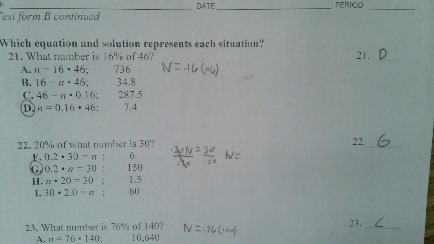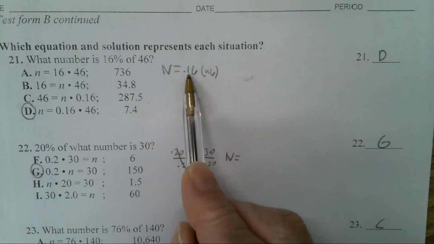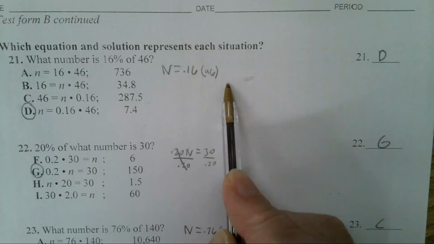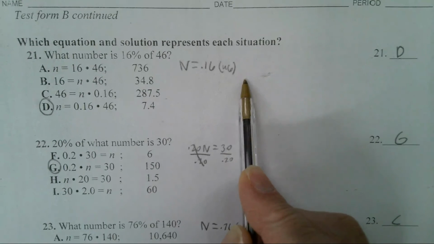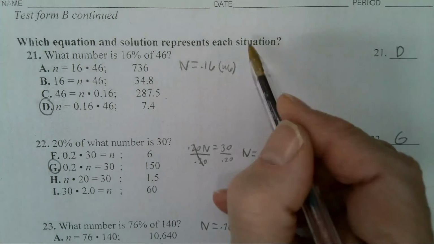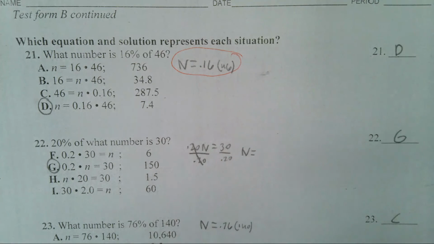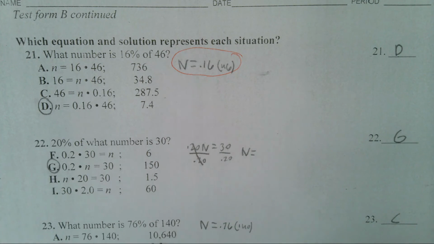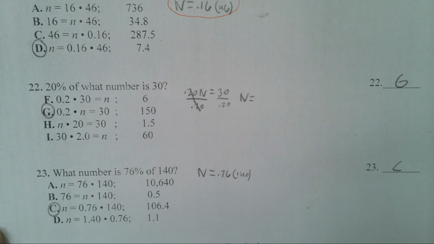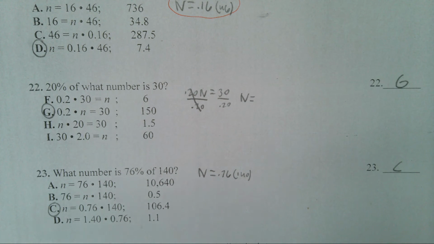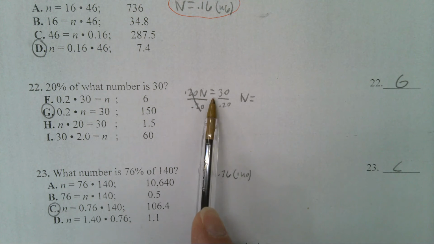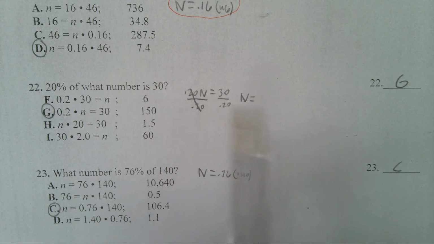Now, this one, what number is means equals 0.16 of means times 46. I like her technique. This is what I would have done. I would first write this, and then I look for something that matches it, and it is D. D matches that. In number 22, 20%, 0.22 of a number times a number is means equals 30.